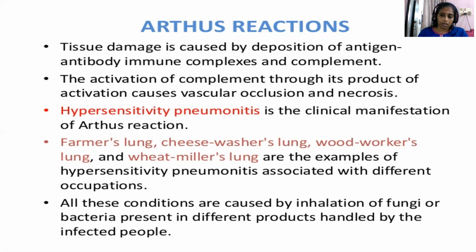Farmer's lung is associated with that occupation, cheese washer's lung is related to cheese manufacture, woodworker's lung to woodworkers, and wheat miller's lung is another occupation associated with wheat and miller production.